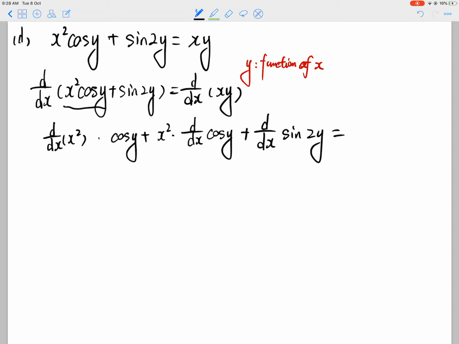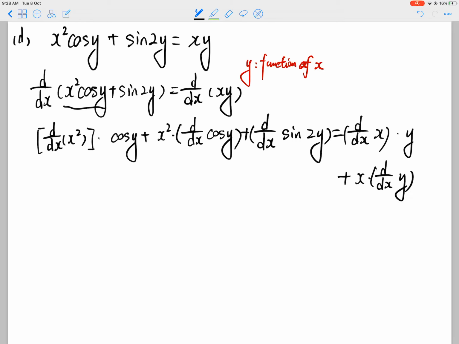Then the right side derivative, again it's a product rule. So it's d over dx of x times y, let me put a bracket so it's clearer, plus x times d over dx of y. Then for this part, what's the derivative?